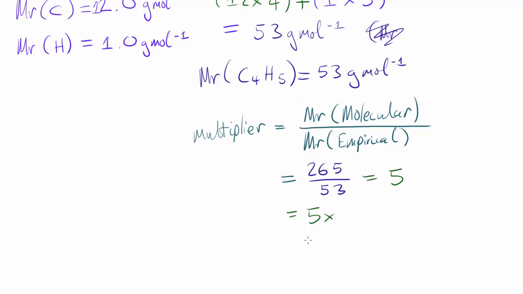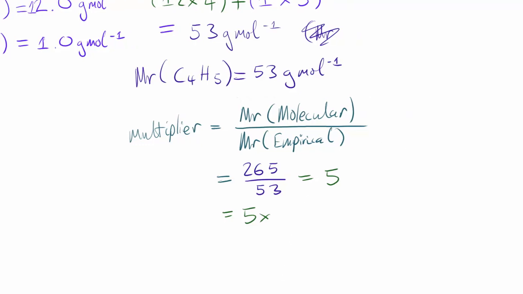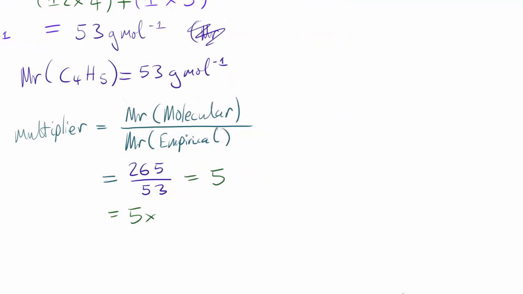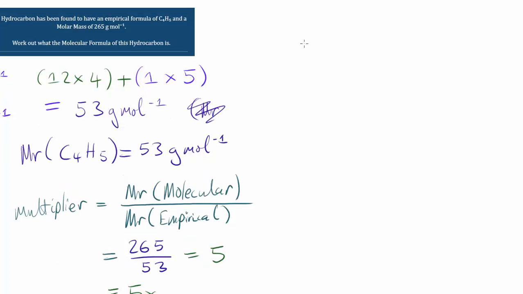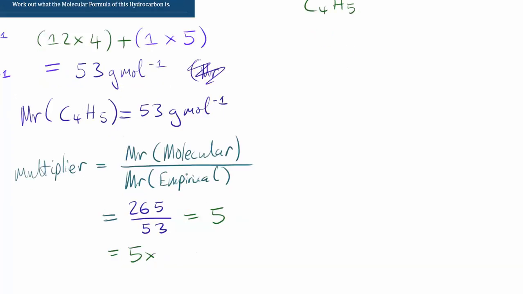And what does that mean? Well, if we work with that information, what we need to do is take our empirical formula, which was C₄H₅, and use this 5x multiplier on that.